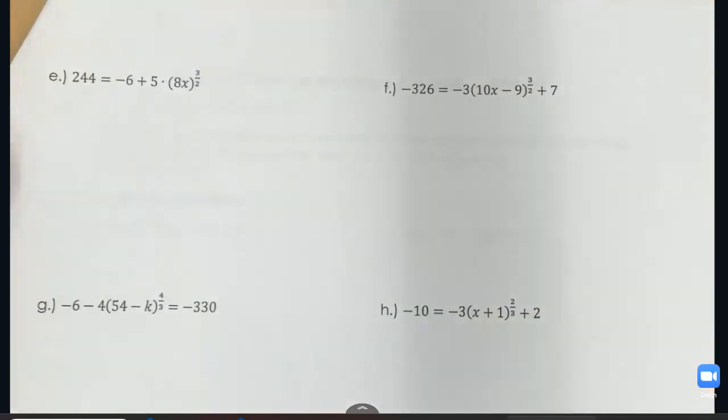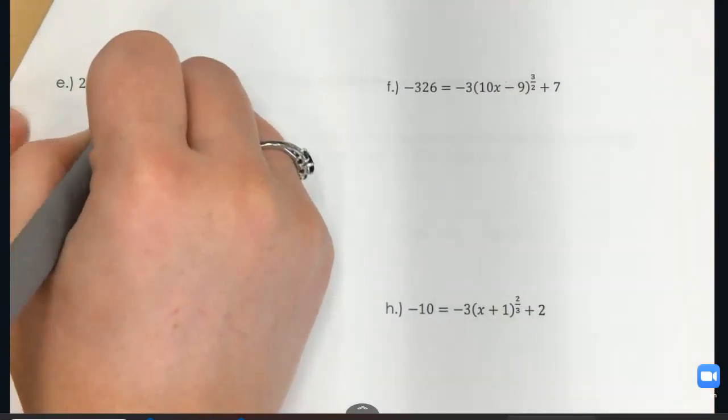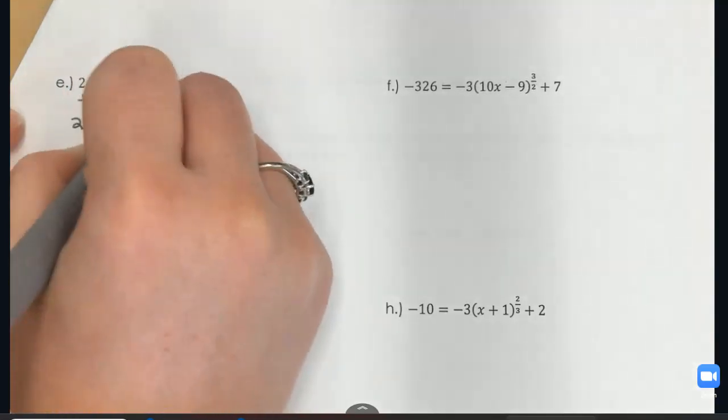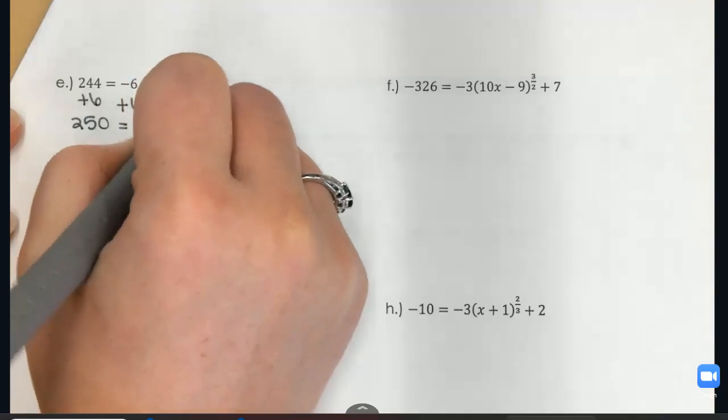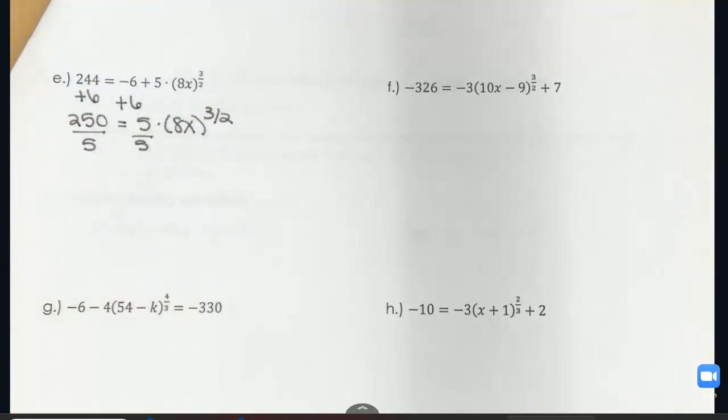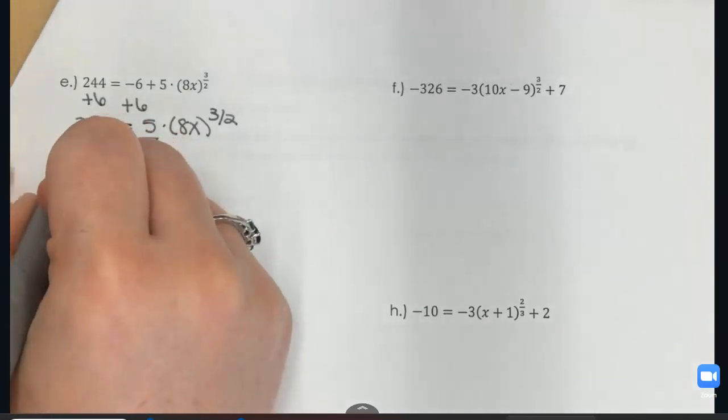Let's do a few more for good measure. On E, I need to first add 6, so that's going to be 250. Then I can divide both sides by 5, and that is going to give me 50.